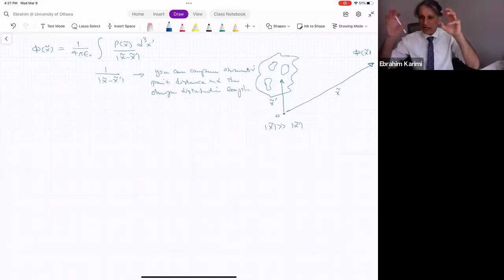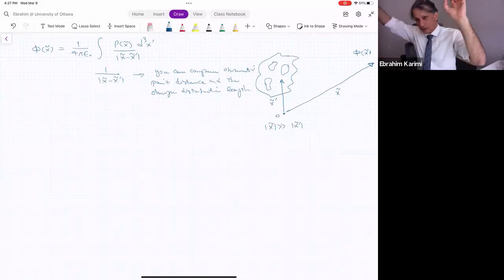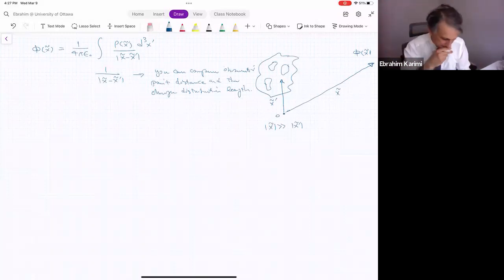So I can compare the volume that I have for the charge distribution and the far distances. All right. 1 divided by |X minus X prime|.